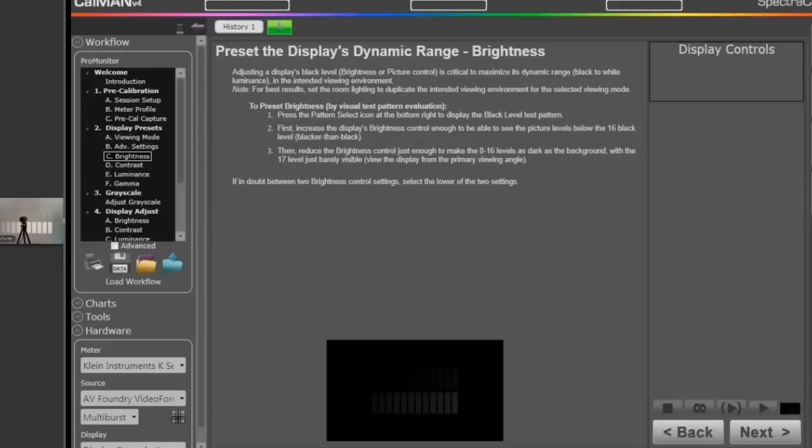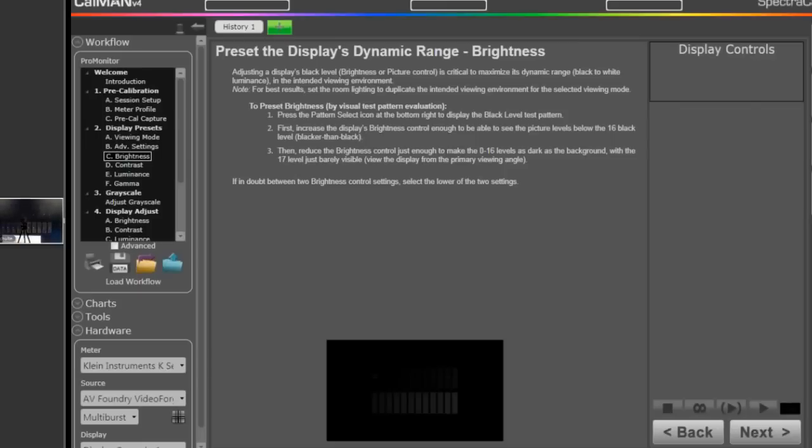So now, as we were setting the black level of the display, we'll do that with the brightness control. And I have set that abnormally high. Let me go back and grab that control. Normally we would want all of the blocks at 16 and below to be black, with the 17 block just barely visible. So let me set the brightness control back down to an appropriate setting.